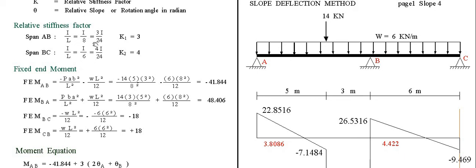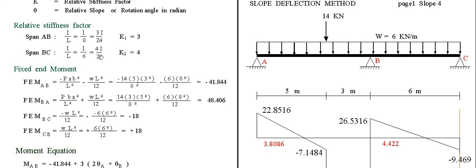So 24 divided by 8 is 3 times I, or 3I. This, if we simplify, is also I over 8. We just make it in another fraction. Then 24 divided by 6 is 4 times I, or 4I.